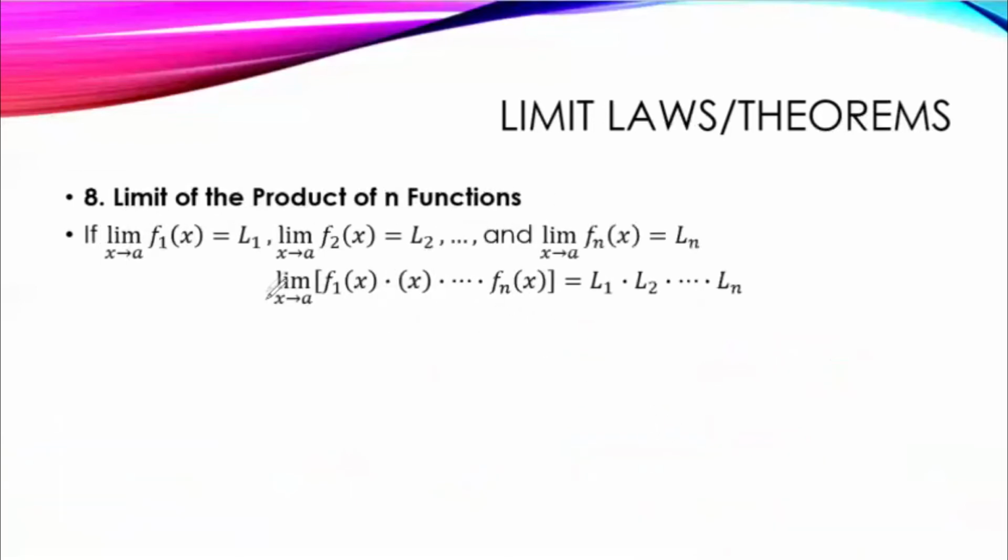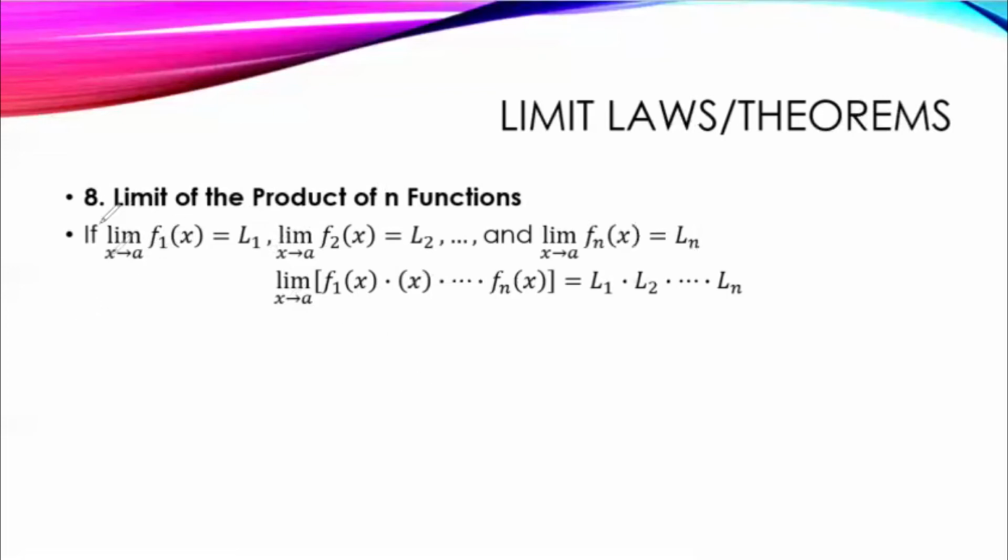Okay, for the next theorem, the limit of the product of n functions. Now, in the previous theorem, it was the product of two functions only. So just like finding the limit of the product of two functions, finding the limit of the product of n functions is like that. We just simply multiply the limit of each function.